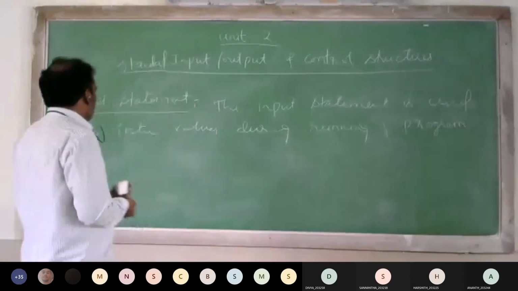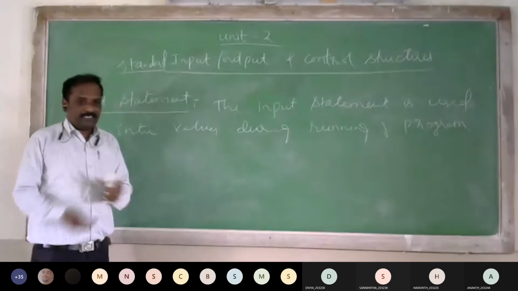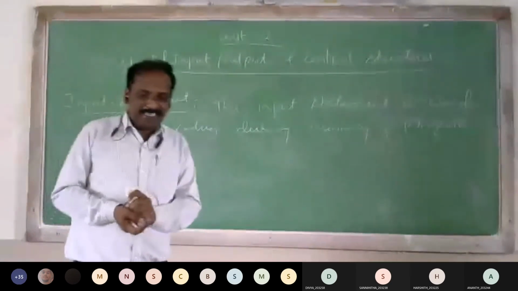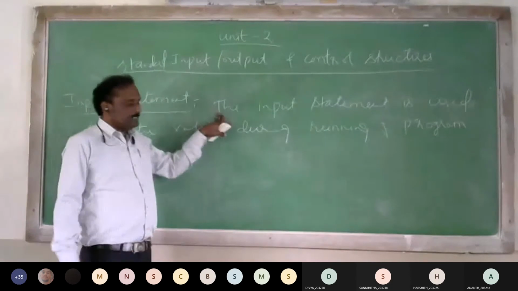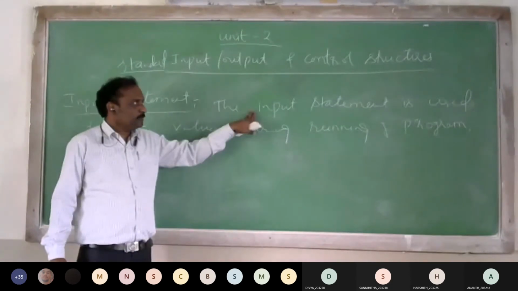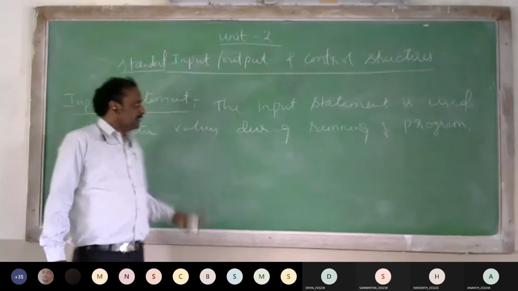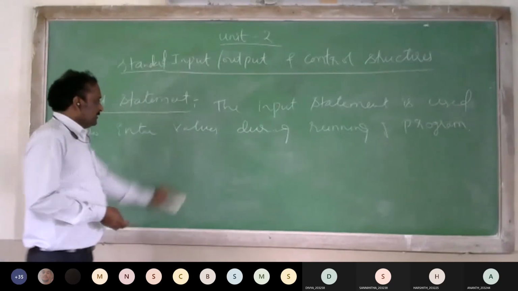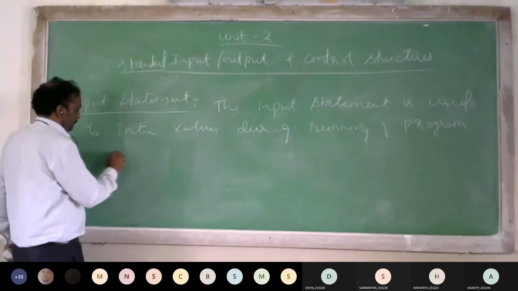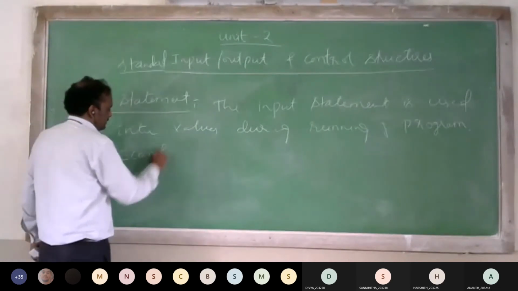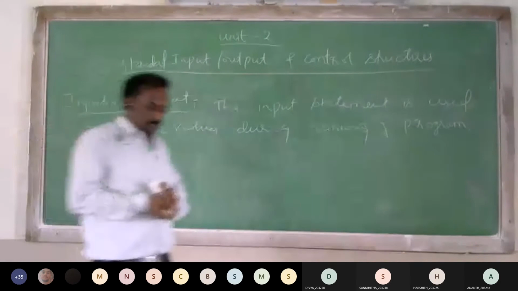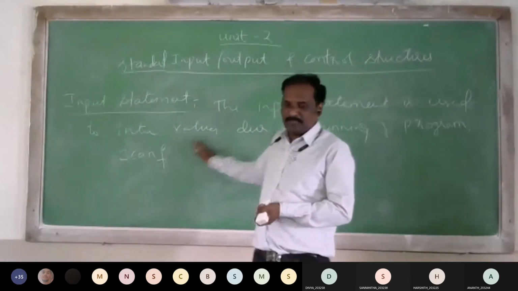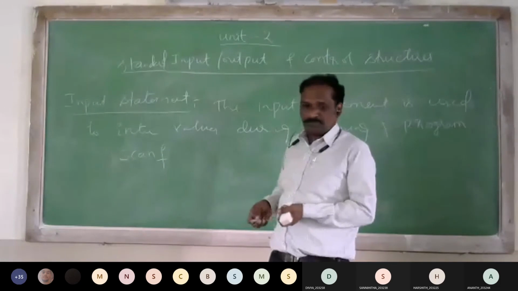While writing the flowchart and algorithm, we have used read n, read a comma b. C language provides an input statement which is used to enter the value during the running of the program. The input statement is scanf. Scanf is the input statement which is used to enter the value when we are running the program.